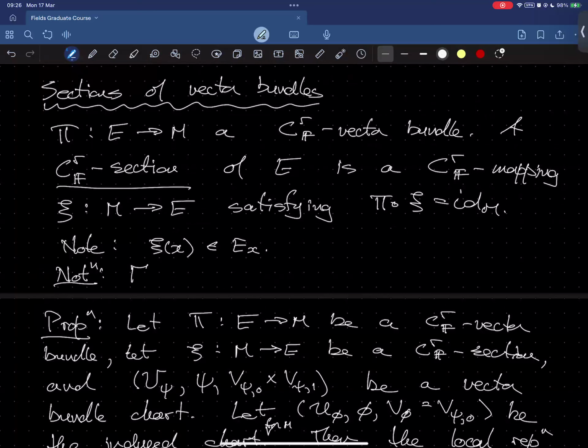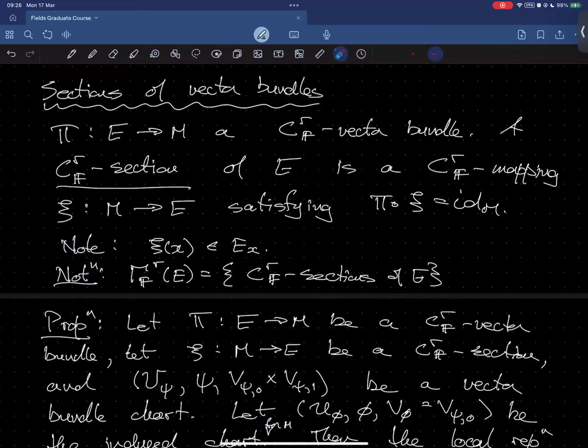Gamma r f of E is going to be the set of all CRF sections of E. That's the notation that you use, this gamma notation. Not sure who first contrived that notation, but it's standard notation for the notion of a section.